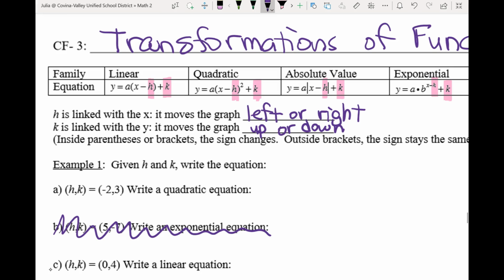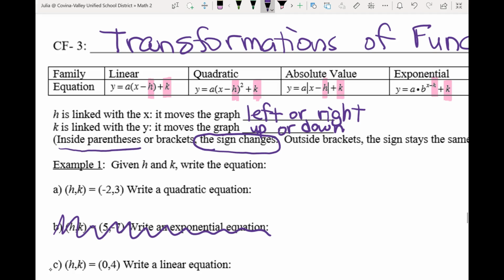Now, here's a trick that I haven't found it to be wrong yet, except for this one little thing here, which I can fix. Inside the parentheses or brackets or connecting group, like the absolute value bars, your sign changes. Highlight that, circle that, underline that or something. That's when the sign changes.